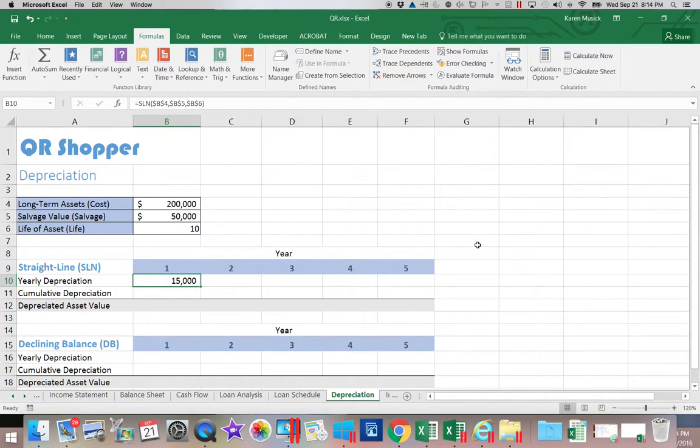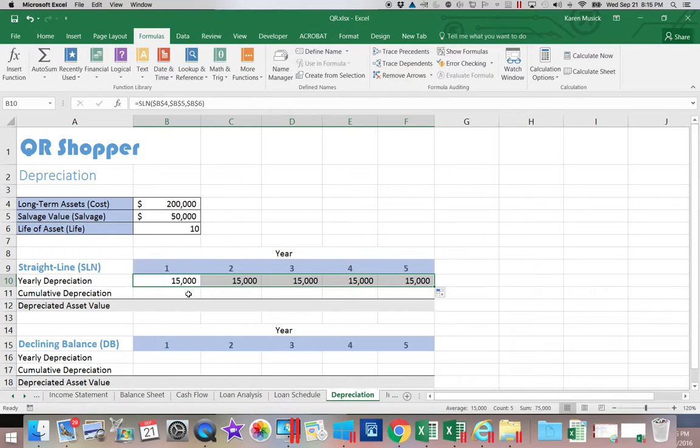With straight line depreciation, that's all you need, because what straight line depreciation does, it takes the total amount that you're going to expense, which in this case is the $150,000, divides it by the years, and then it takes an equal amount of depreciation every year. So if I copy these formulas out, you can see the depreciation stays the same.